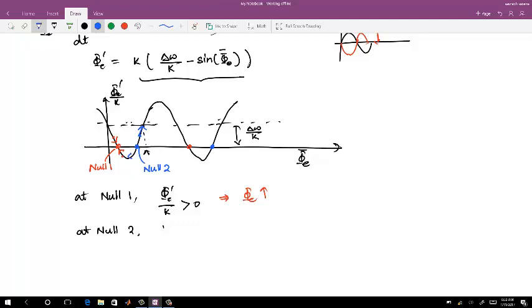Here d phi e by dt is less than 0, sorry, in the same case greater than 0, at that point your phi e reduces. So it will surely come in this way and finally settle to this, because once it reaches that, that's a stable point.